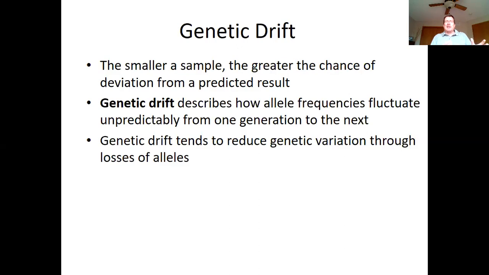So genetic drift is how allele frequencies fluctuate unpredictably from one generation to the next. And generally, genetic drift leads to a reduction in the gene pool, a reduction in variation through the loss of alleles.